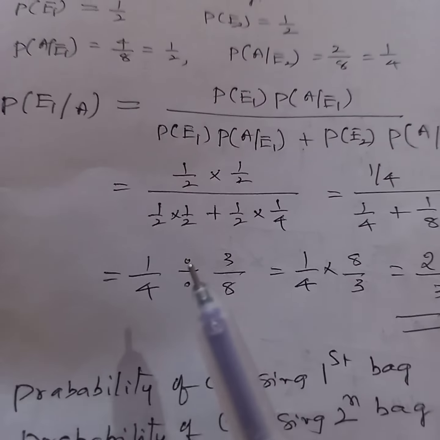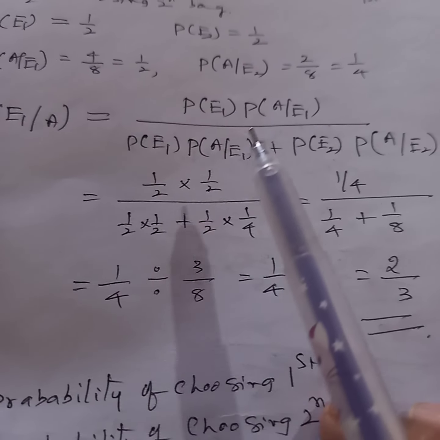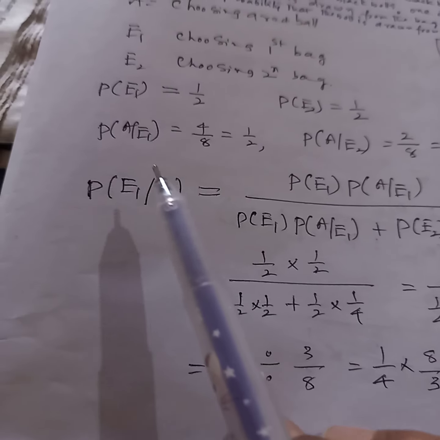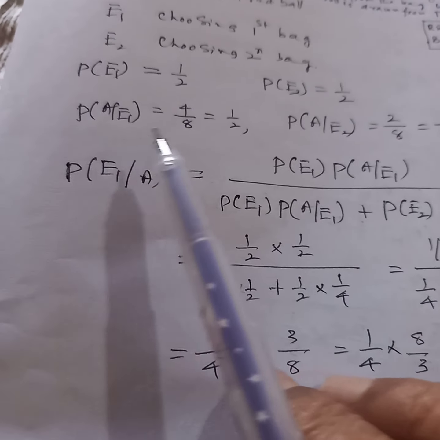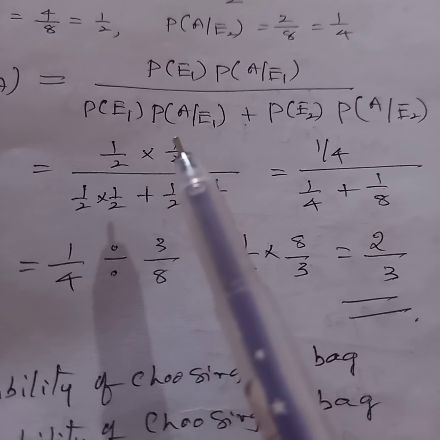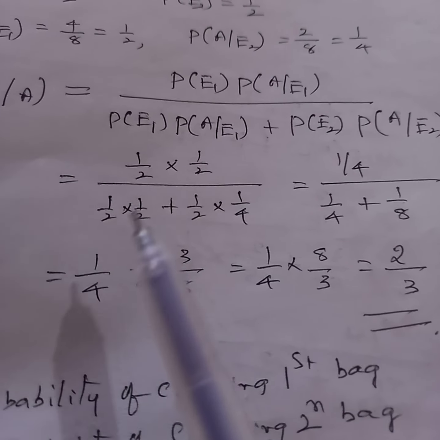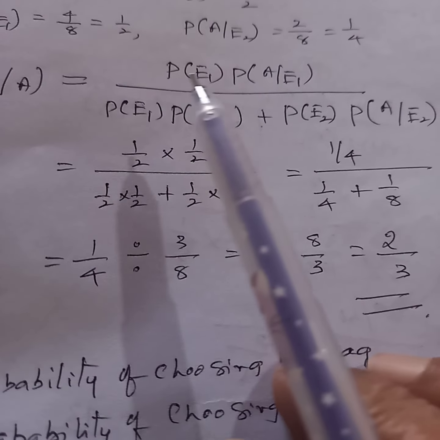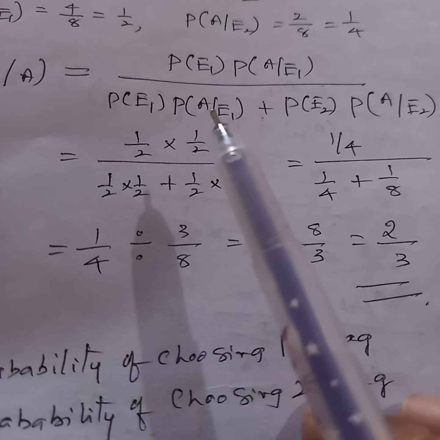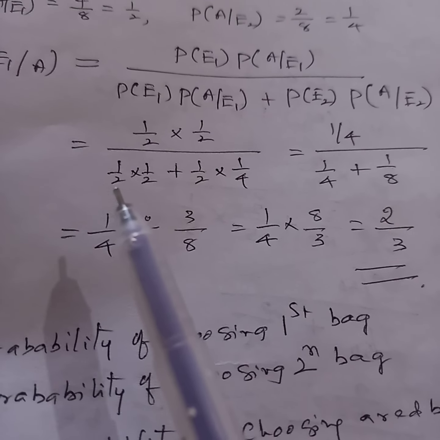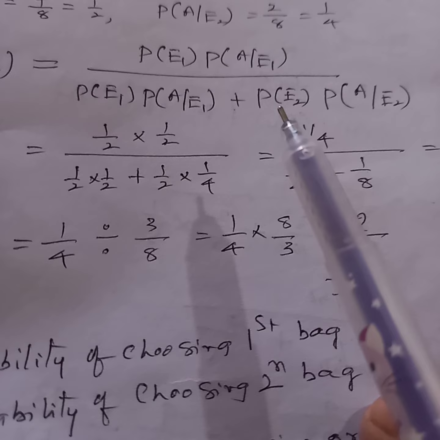What is P(E1)? We have here half, put that half. What is P(A|E1)? Here it is half. And the same thing we write: half into half, plus P(E2).